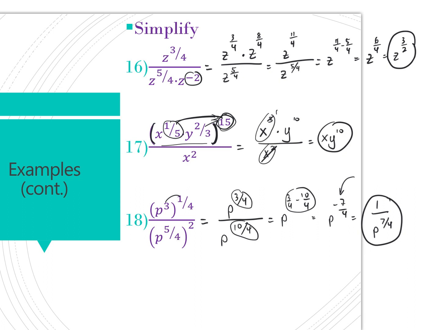The other thing is remember that if you happen to have a radical, like I said, if you have p to the 7/4 power, you can convert that to a radical, 4th root of p to the 7. And again, if you're given something in radical form, let's say, let me use a different letter, let's say you're given a totally different problem.